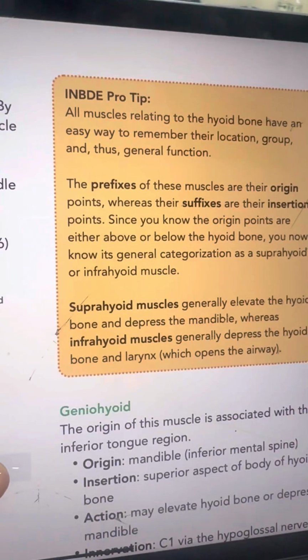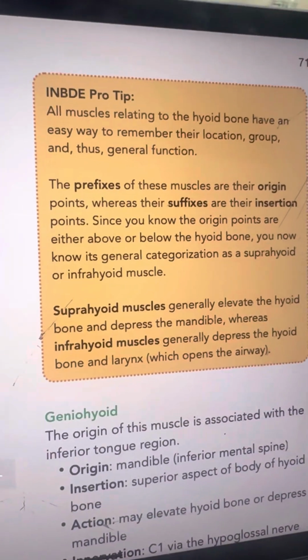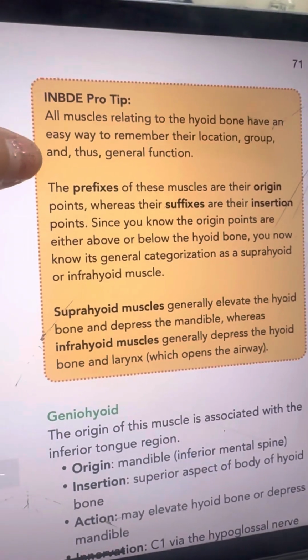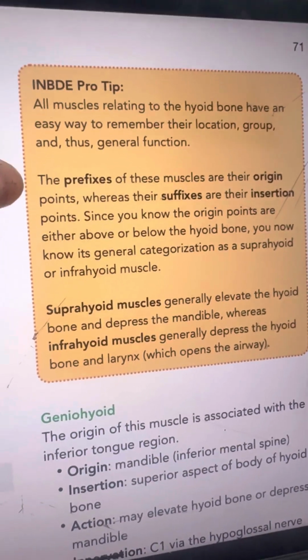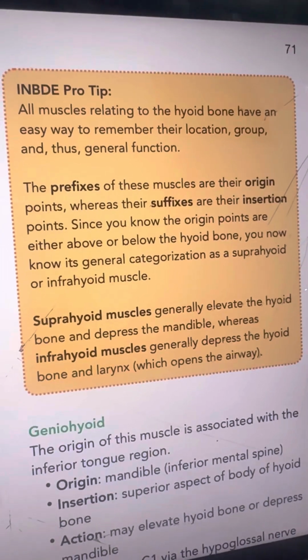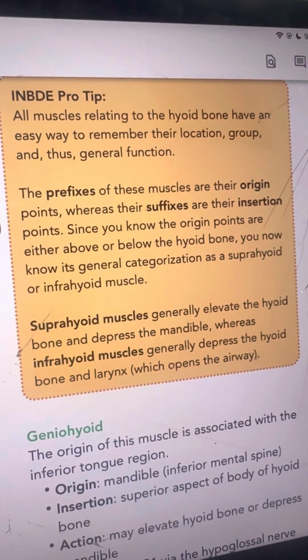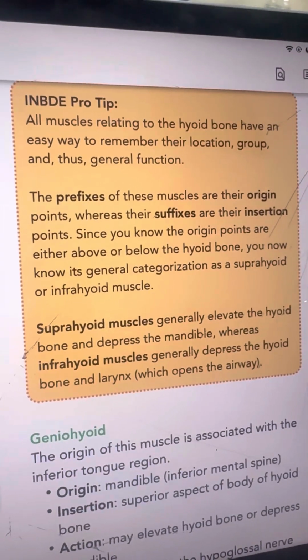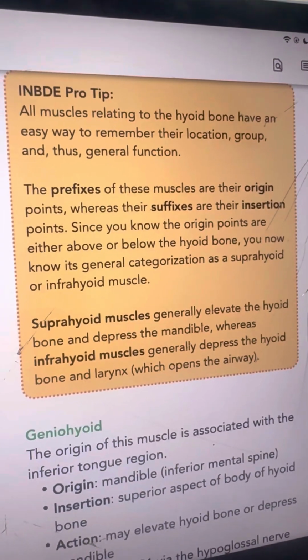INBDE pro tip. All muscles relating to the hyoid bone have an easy way to remember their location, group, and general function. The prefixes of these muscles are their origin point, whereas their suffixes are their insertion points.